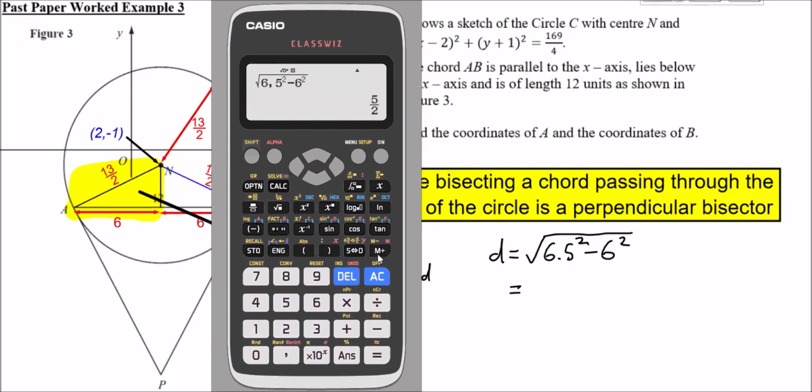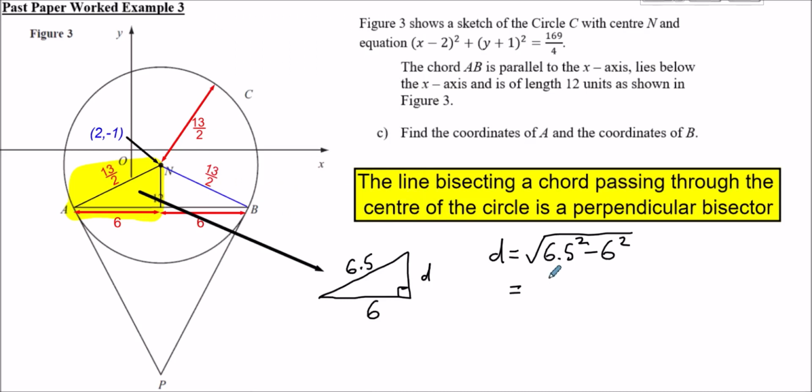Pop that in, and we get 5 over 2. And so this distance here is 2.5 below N, and either side, 6 units to the left or to the right, lie A and B respectively.